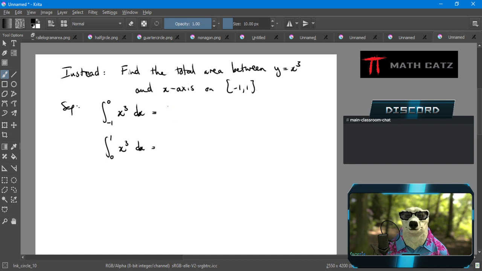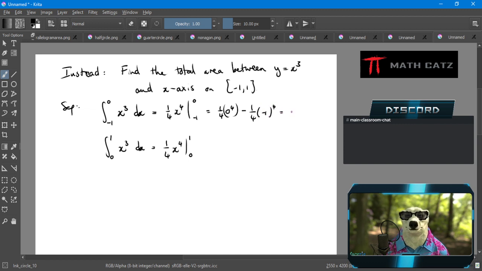Now the antiderivative is going to be the same, so it's not two completely separate ones. This is going to have the same antiderivative, but I plug in different values. This one on the left is going to require that I plug in a 0, subtract, plug in a -1, and what am I going to get?